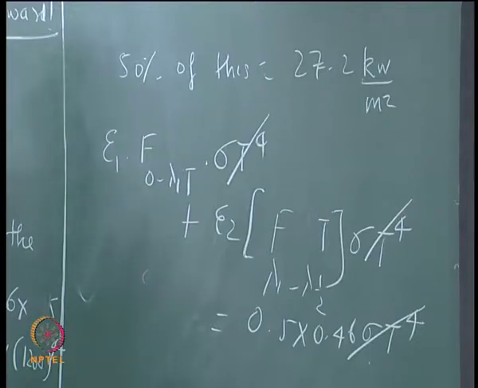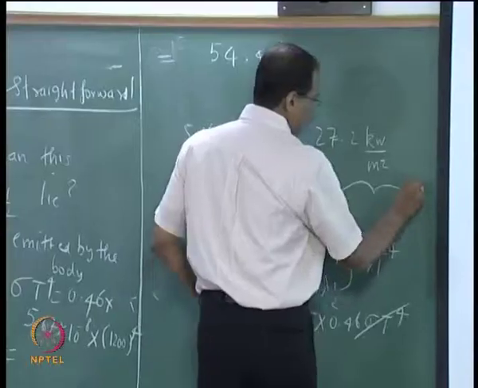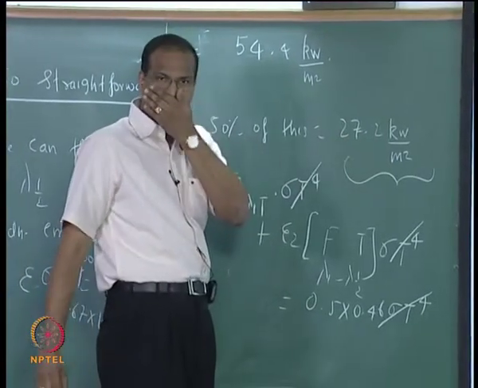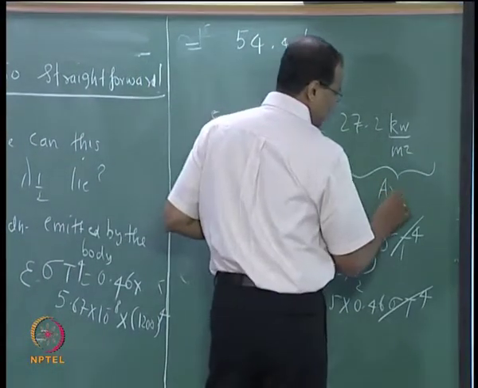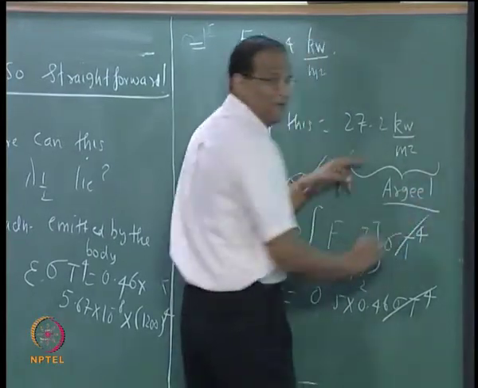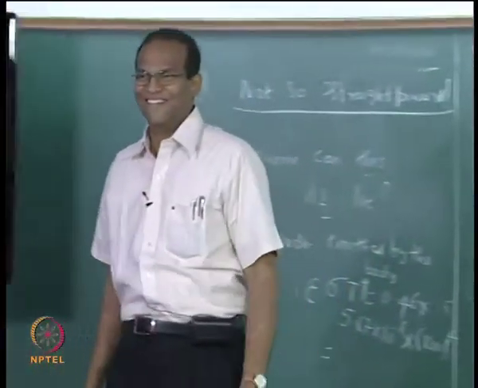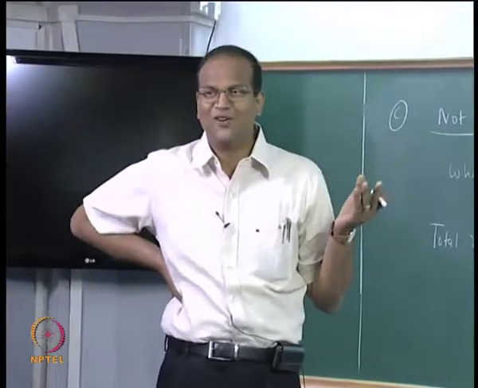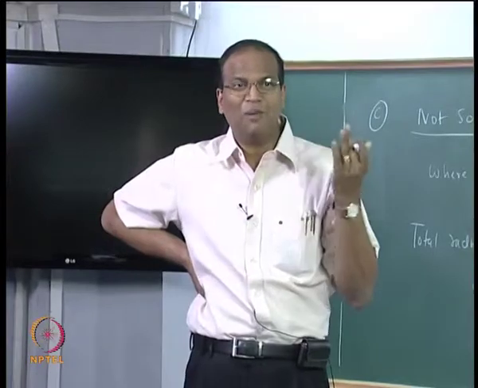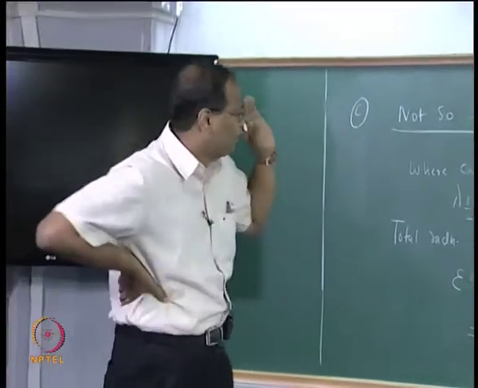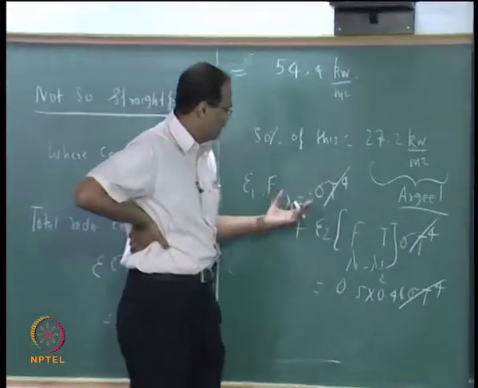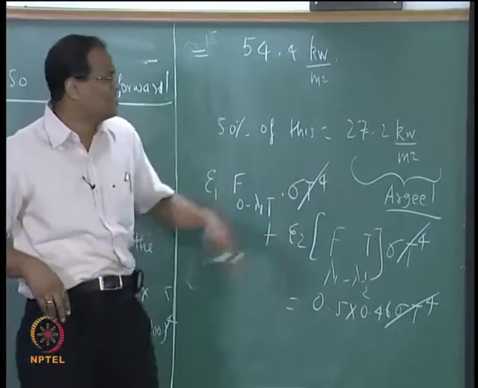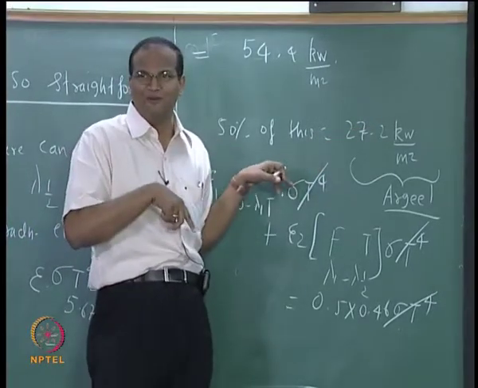Okay. So what happens to this? I am not going to use this. Vikram, it is RG, so that's not going to be used, 27.2. If some people want to be clinically perfect, please keep this 27.2, multiply each of these terms by sigma T to the power of 4 and proceed. It will give the same answer. But the danger is that when you do sigma T to the power of 4, you may make some more mistakes.